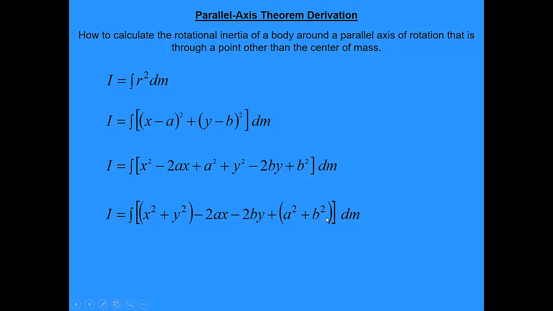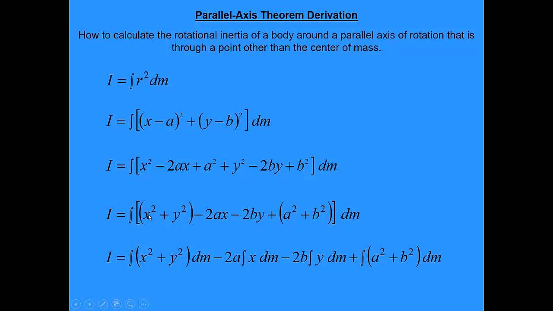Now, remember that the integral of a sum or a difference is the sum or the difference of the integrals. In other words, I can take an integral of each piece one at a time, like this. Notice how I put dm on each one of these integrals.